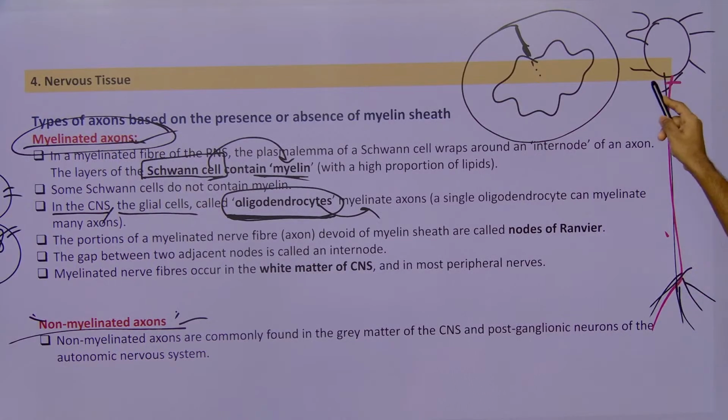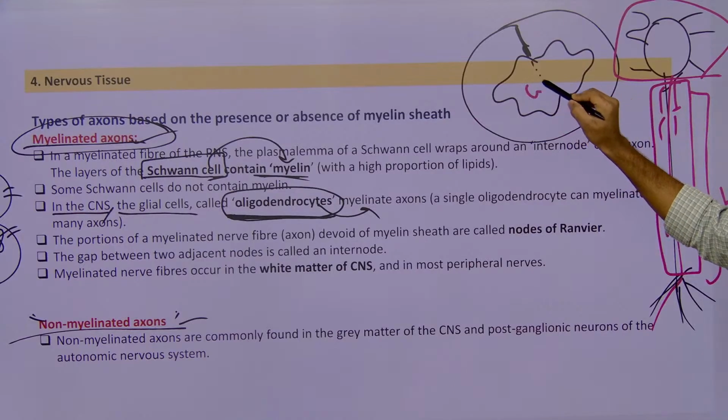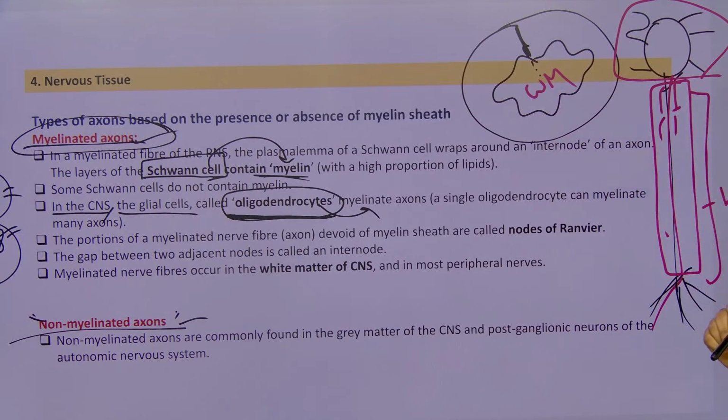Here, if you see, this portion is having what? Myelinated portion, whereas this portion is not having any myelination, which means whenever the cell is having myelinated neurons, it gives one color which is called white. The area of the brain having white matter is exclusively the myelinated axon portion.